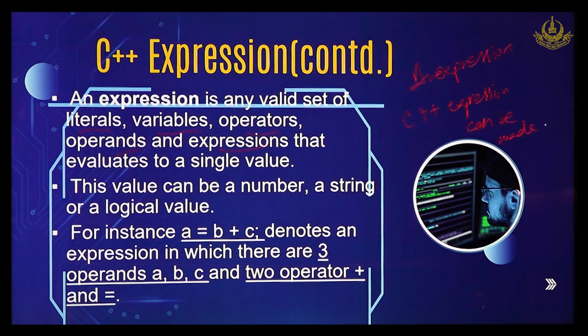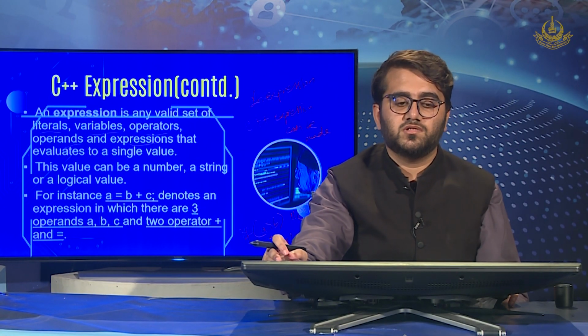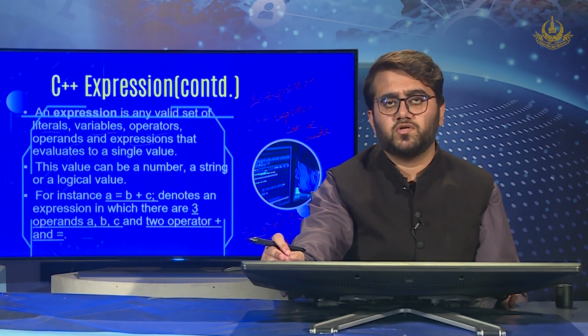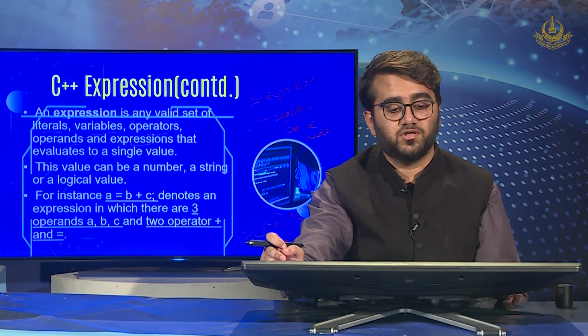I will give an example. If you are comparing two statements, then this is the first expression and this is the second expression. So, an expression can itself be made up of two different expressions. It is related to recursion or nested calculations.